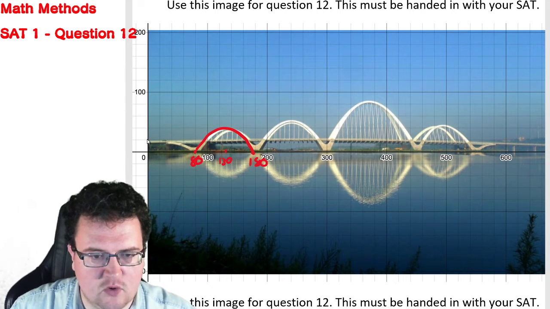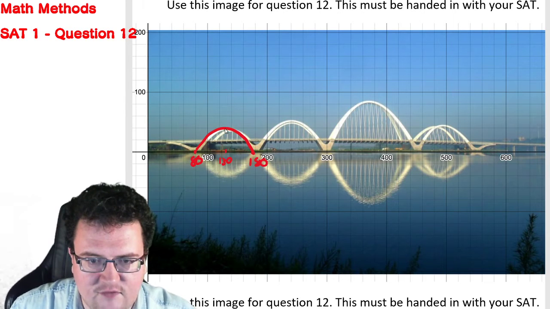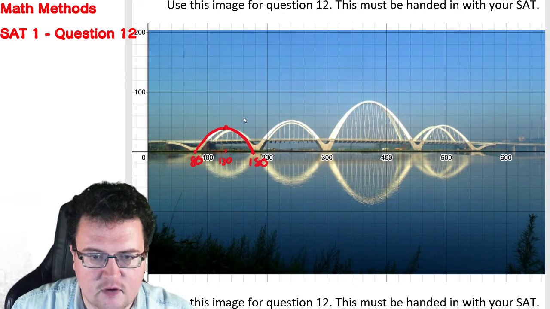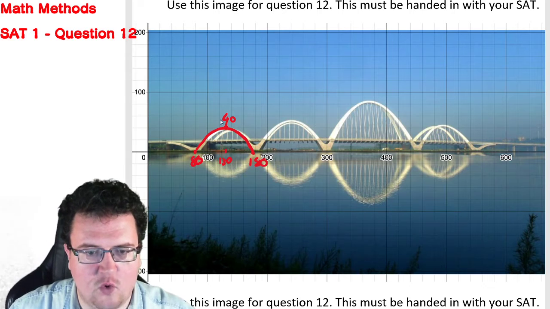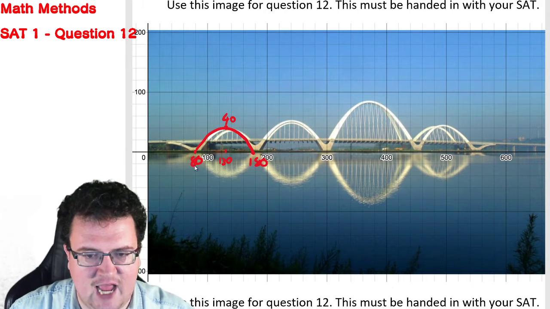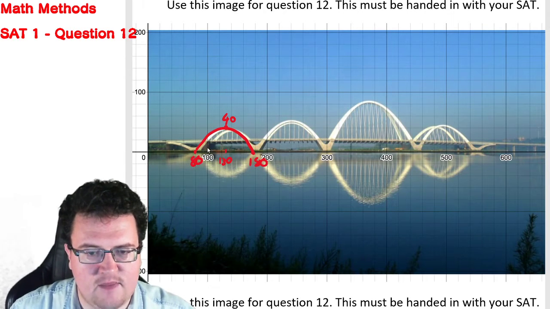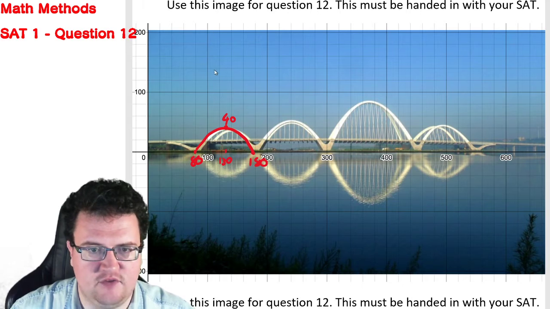And because this is also 20 meters each time, I know that I therefore have a turning point at about 40. So I'm looking for an equation that has intercepts at 80 and 180, and also 130 and 40 as the turning point of the graph.